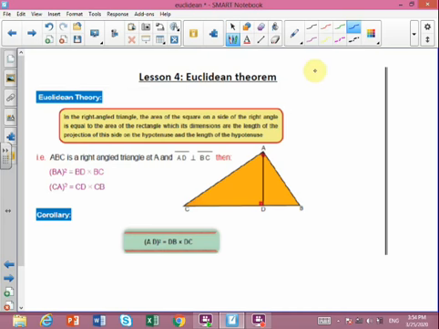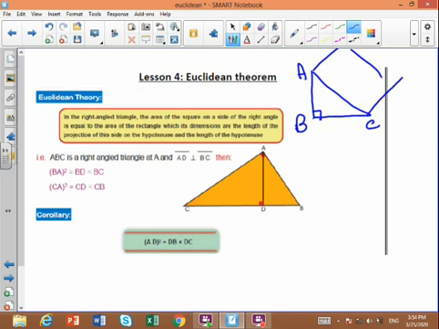Pythagoras discovered that if you have a right-angled triangle and you want any of the sides of the triangle and you have the other two, you can get it by the sum of the areas of the squares. This is of course not a square. The area of the square drawn on the hypotenuse is equal to the sum of the two areas of the squares drawn on the other two sides.